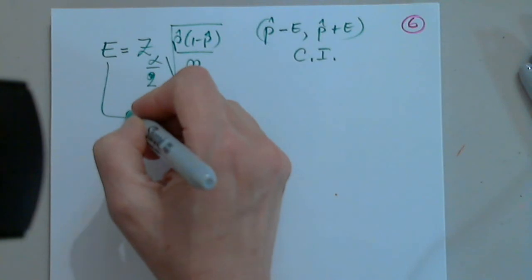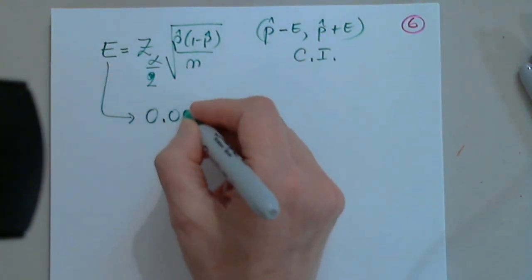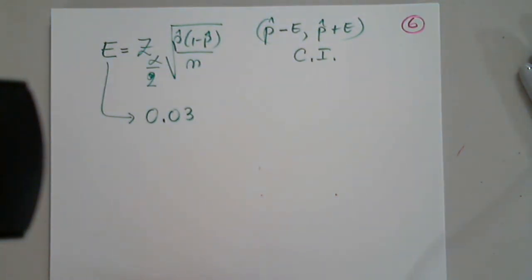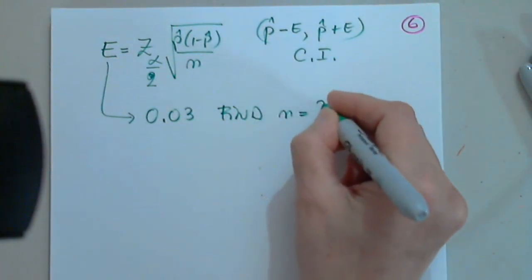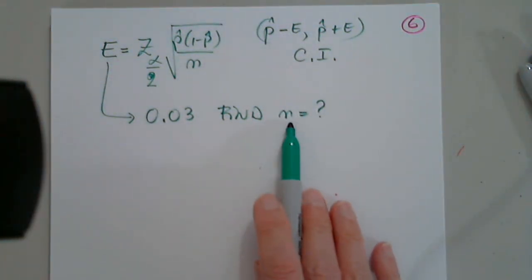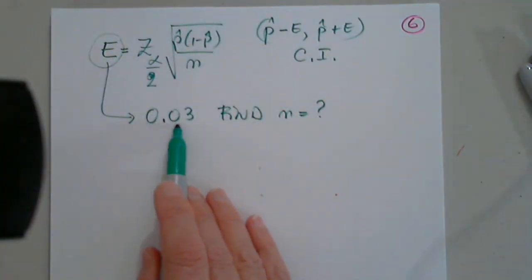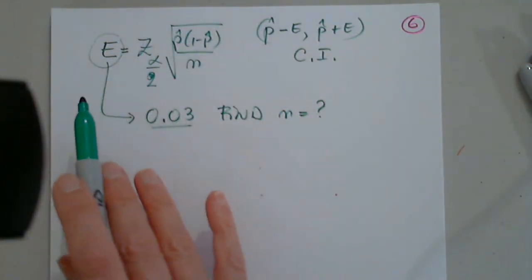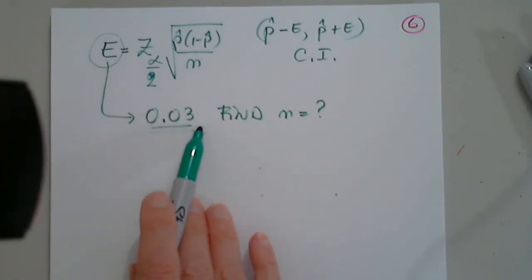What if I'm given the margin of error? Let's say the margin of error is 0.03. Find n. How big of a sample size should I choose for a chosen margin of error 0.03?